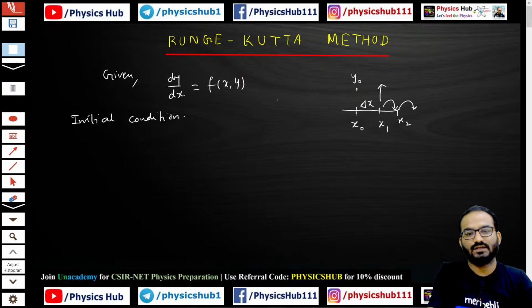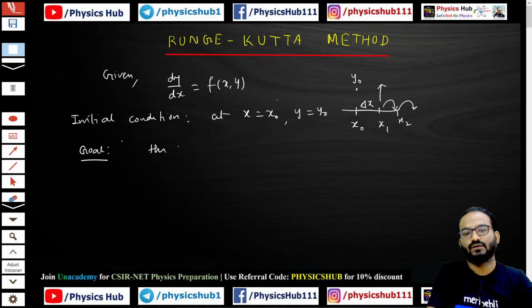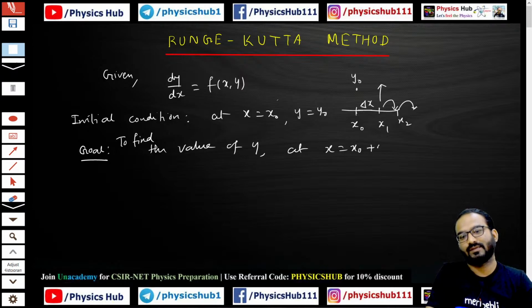The initial condition is at x equals x naught, you are given a value y equals y naught. Then what is our goal or target? Our goal is to find the value of y at some later point, at x equals x naught plus delta x. So this is our target in Runge-Kutta method.